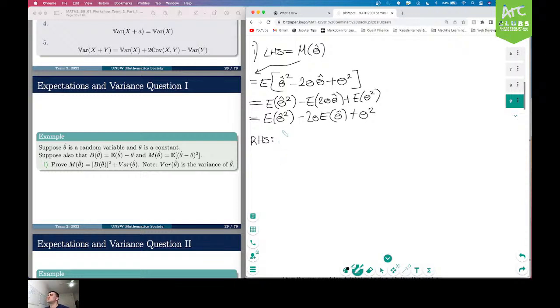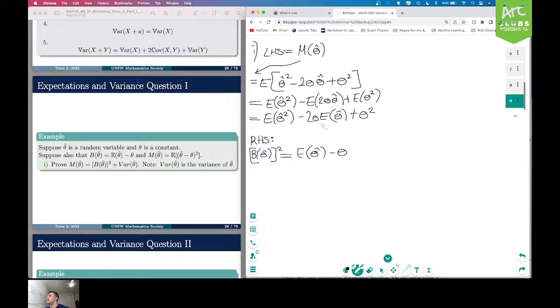And I'm going to break it up into this b of theta hat squared plus variance of theta hat. So let's just take a look at what b of theta hat squared is. Now, we know that b of theta hat without the squared is just this, E of theta hat minus theta.